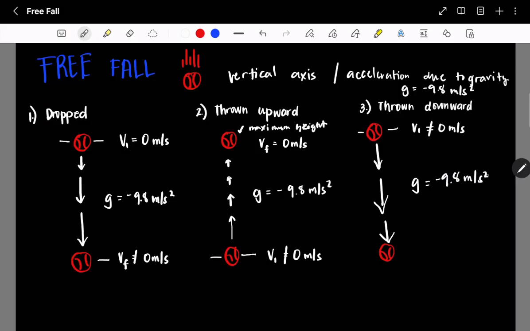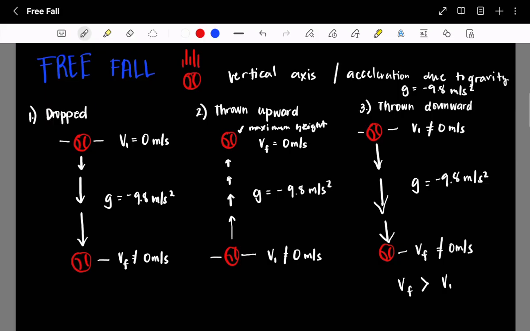There is this pull of the Earth that causes its velocity to increase as it falls down. Then by the end of its motion, just before it hits the ground, the velocity final will also not be equal to 0 meters per second and is way higher than the initial velocity. Those are the things you have to consider.